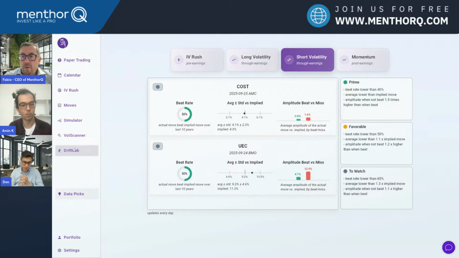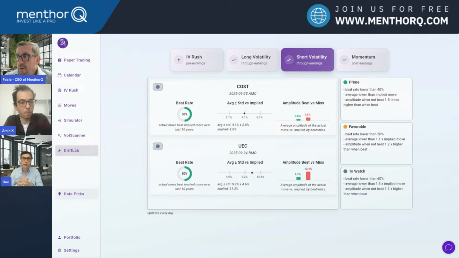There are levels which you can respect, but from the historical point of view, you have data which shows which stocks move more than the implied move and which stocks move less than their implied move on average. And this is factored with many other data sets into some actionable things.